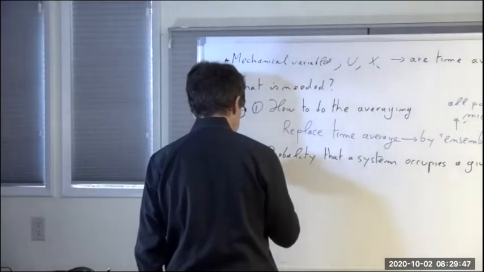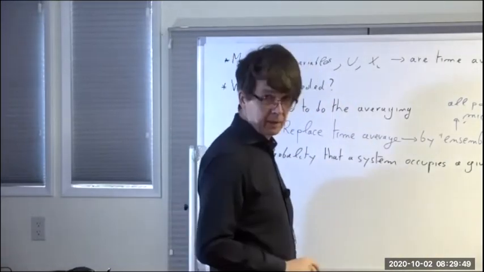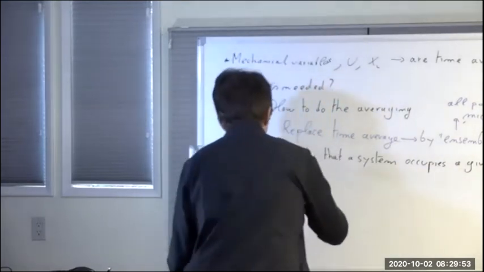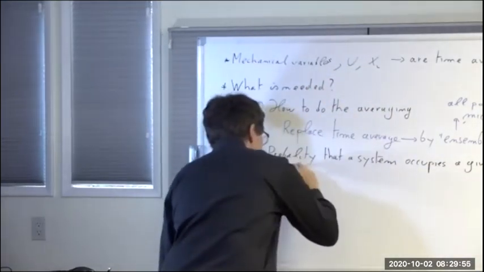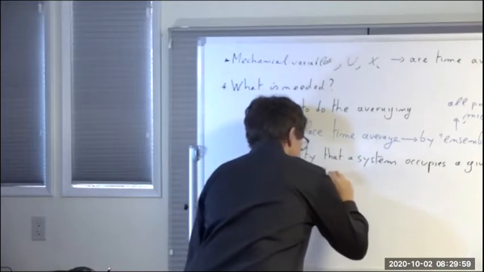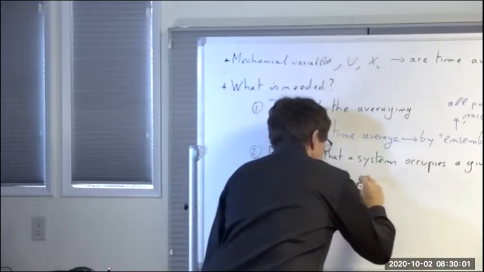The third thing we need is a proper definition of which states we average over. That's basically saying what is the ensemble. So which states to average over.